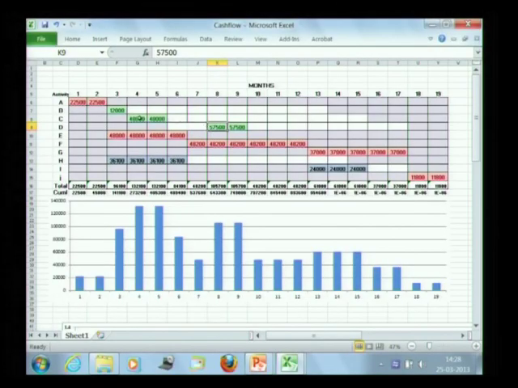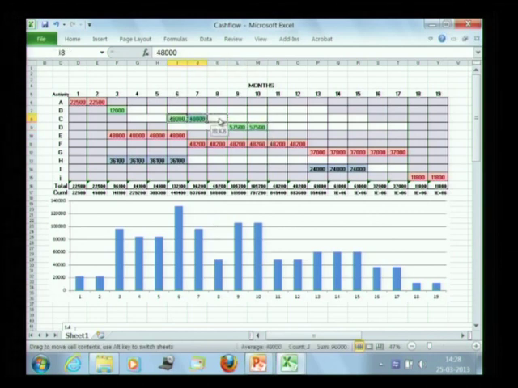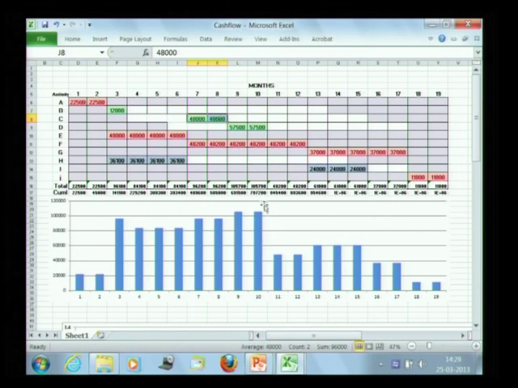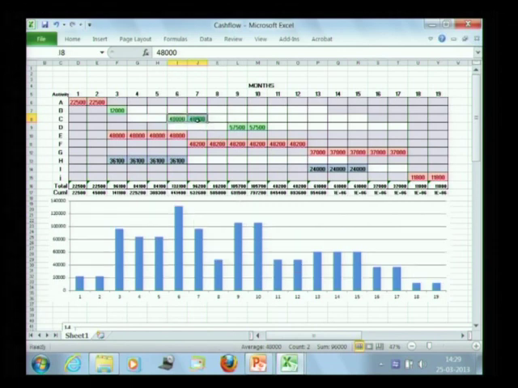So I can move this now. Does it solve my problem? No. Okay, it's got a bit better. So now I can move this one more step. No. Okay. So this is a bit of what we call a trial and error process.